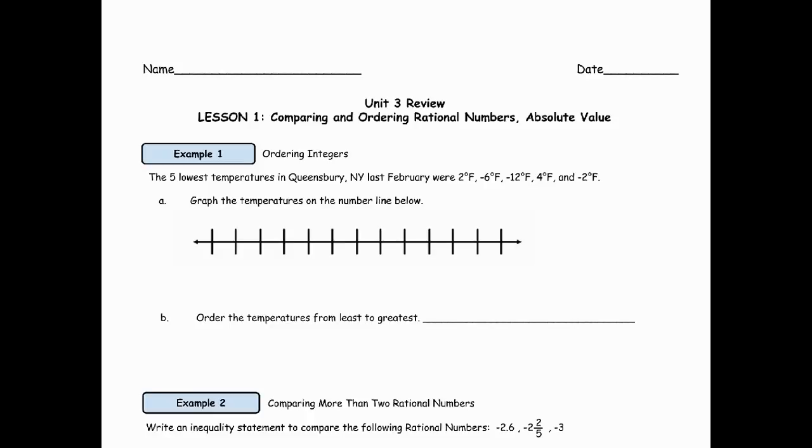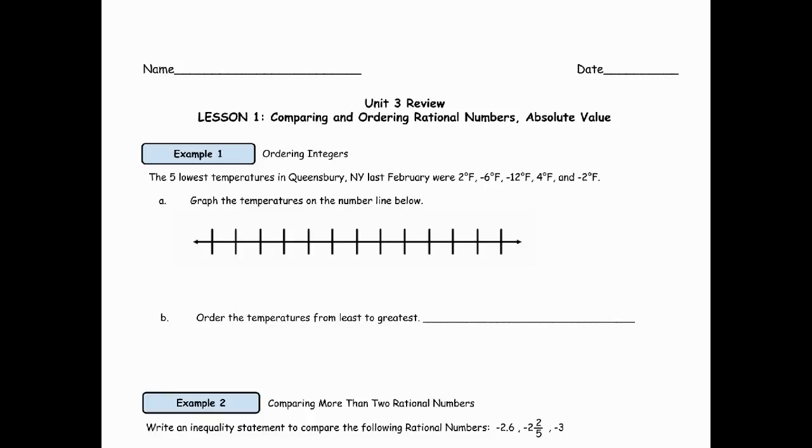So they provided a number line for us, which means we're going to have to label the scale of the number line. And what I want to do here is look up at these temperatures, and the first thing I notice is that they're all even numbers. And then I notice that we have some positive values, like the 2 degrees Fahrenheit, the 4 degrees Fahrenheit, but we also have some negative values, like the -12 degrees Fahrenheit.